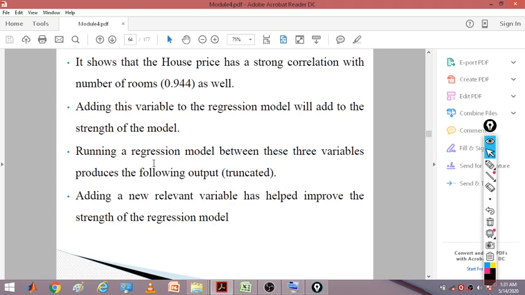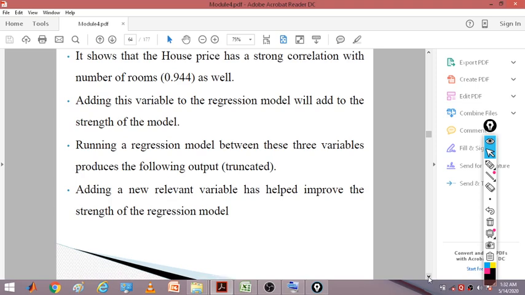We feed the parameters to the inbuilt model, and it will tell you what the coefficients are. So adding a new variable has improved the strength of the regression model, from 79% to 94.4%.